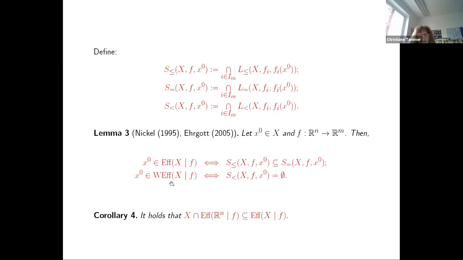And furthermore, x0 belongs to the set of weakly efficient elements if and only if this set with respect to the strict lower level set is empty. So as a conclusion, we get here that this intersection is a subset of the set of Pareto efficient elements of the constrained optimization problem.